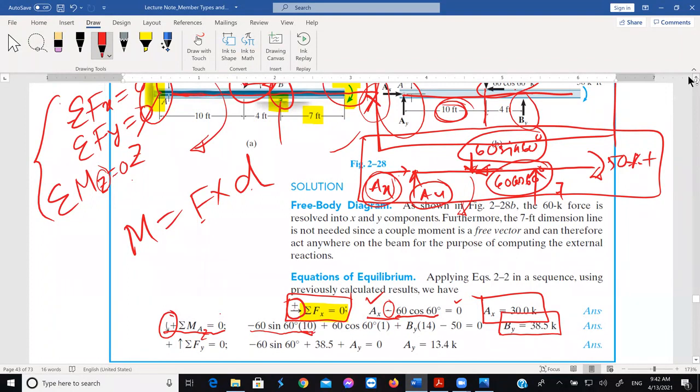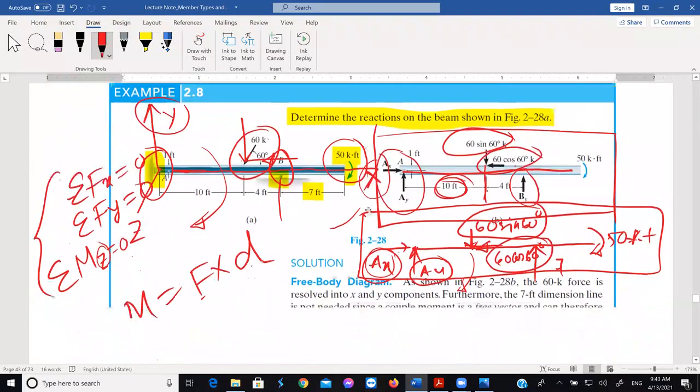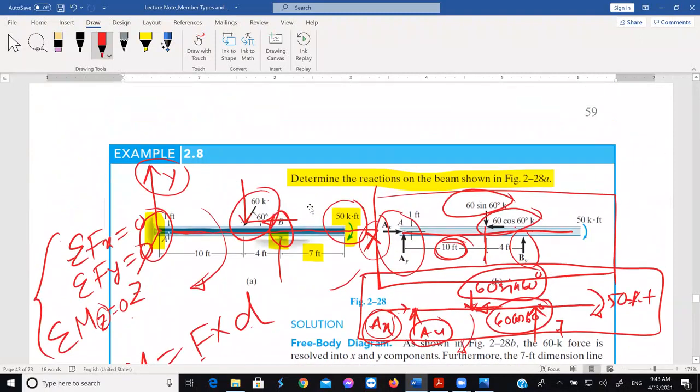And how about the horizontal component? I don't know if you can clearly see it here or not, but this 60 kip force is acting at the top of this beam, and the beam depth is total 2 feet.